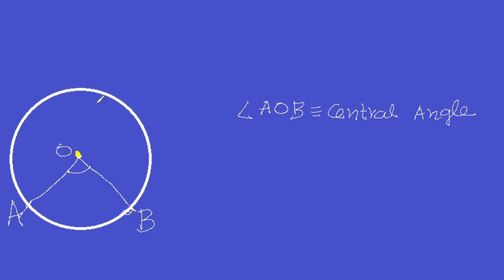Choose another point C on the circumference and join CA and CB.